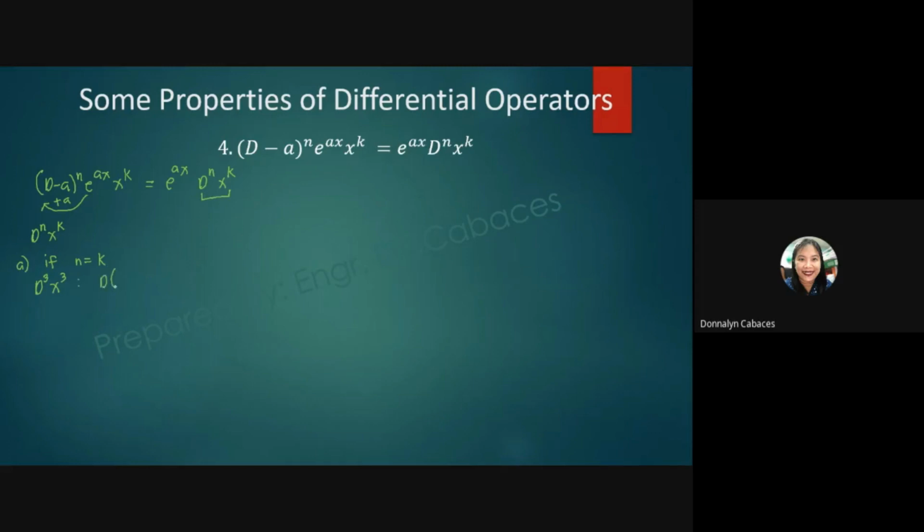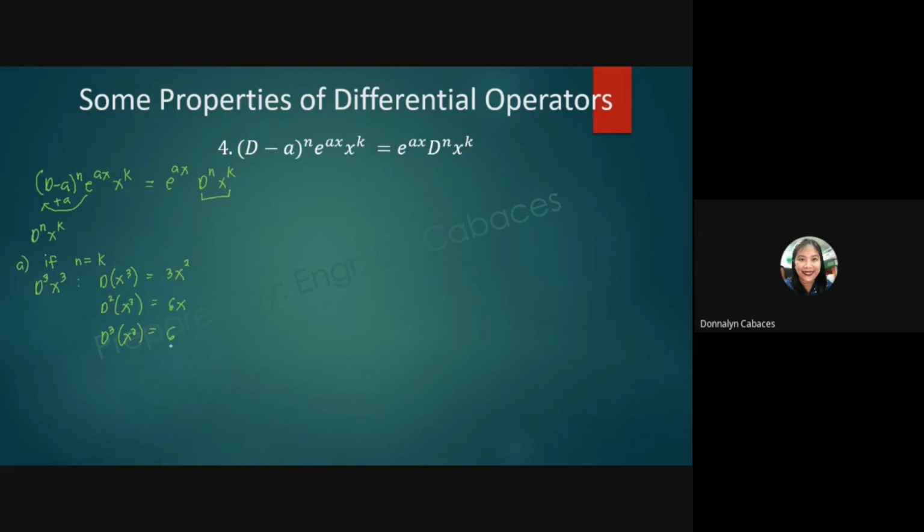So the first derivative of x cubed is equal to 3x squared. And then the second derivative of x cubed would be equal to 6x. And the third derivative of x cubed would be equal to 6.